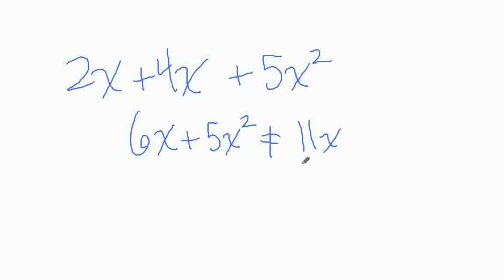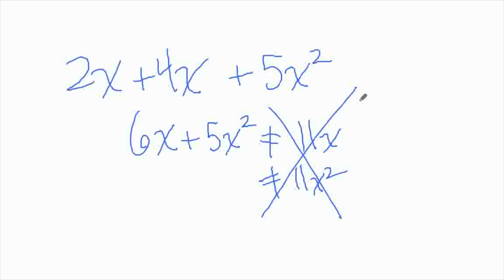It's not equal to 11x, it's not equal to 11x squared. You can't combine those two. You may have heard the phrase that you can't add apples and oranges. You can only add or subtract things if they are the same type of blob, the same type of expression. So let's get that clear.